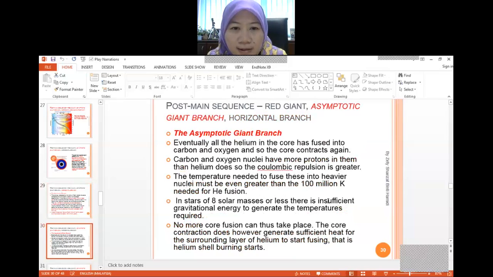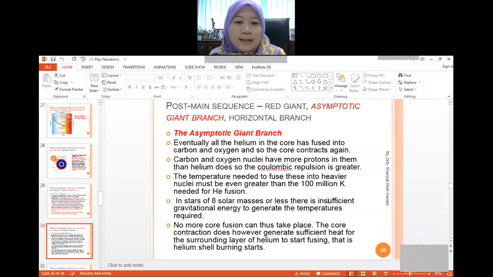And in the case of the asymptotic giant branch, take note again that we need about 100 million Kelvin to fuse, in terms of the nucleosynthesis process, and in a star of 8 solar masses or less, there is insufficient gravitational energy to generate the temperature required.